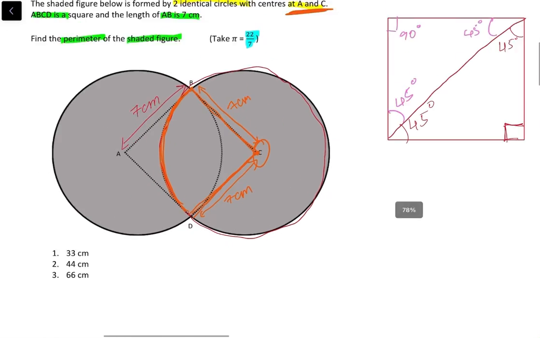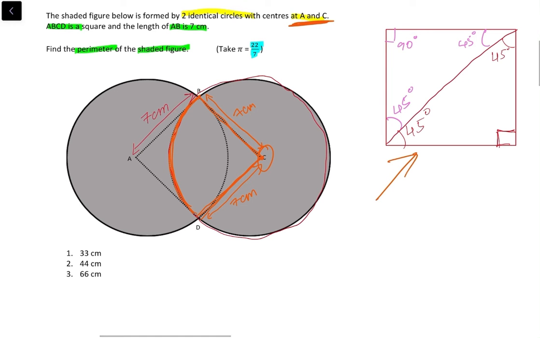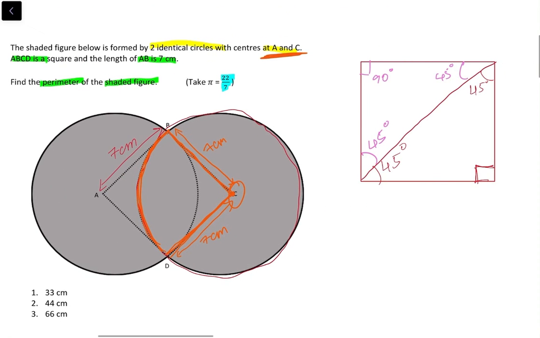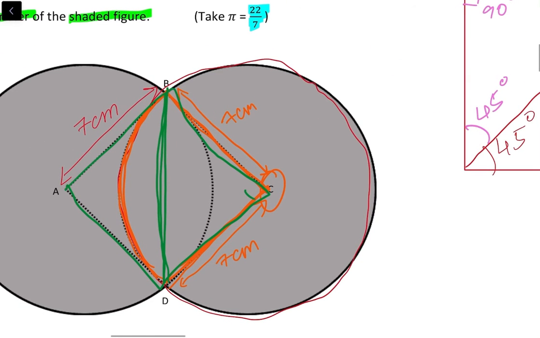So now the main reason for me explaining this figure will come. This arc, we can't be 100% sure yet whether this figure formed is a quadrant. Now how do we confirm that? Using this property, the square that was formed is like this, and if I draw a straight line from B to D that divides this square into two equal triangles, we get a 90-degree angle over here.